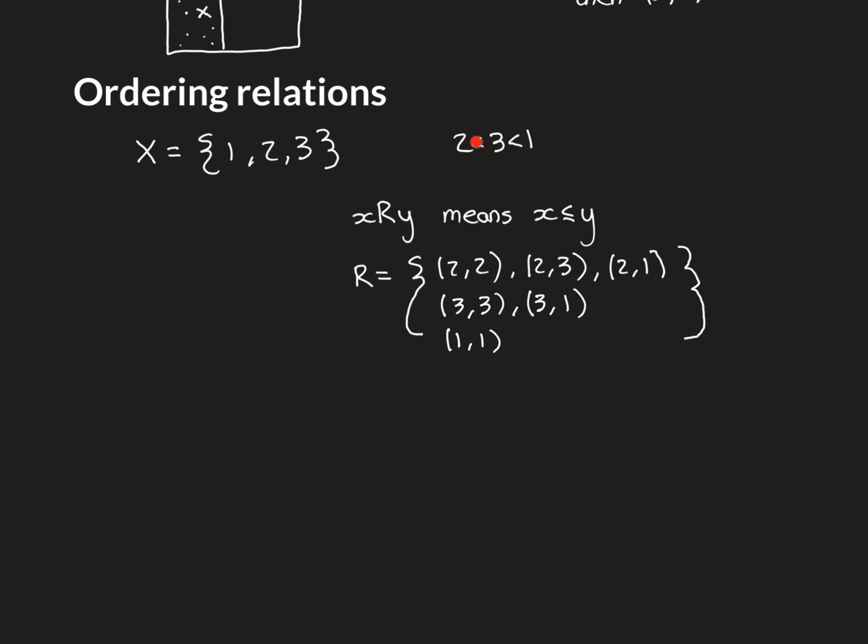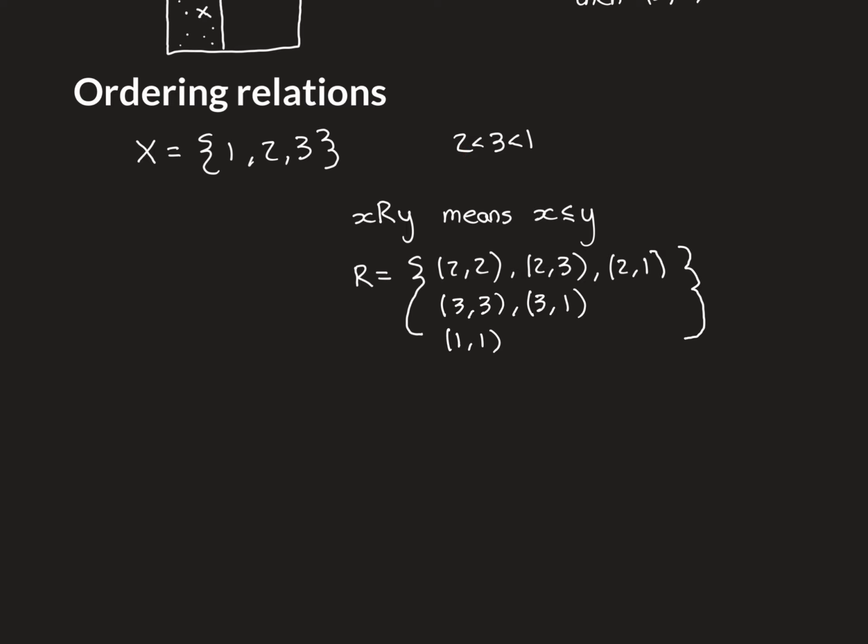So to encode this information here, the subsets we're going to need are given here. So when we look at 2, 2 is less than or equal to itself, it's less than or equal to 3, and it's less than or equal to 1. So you need all of the ordered pairs for 2 in our relation because it's related to all of them. So (2,2), (2,3), (2,1). So all of these are going to be in this ordering relation. When we look at 3, 3 is not related to 2 because 3 is not less than or equal to 2.